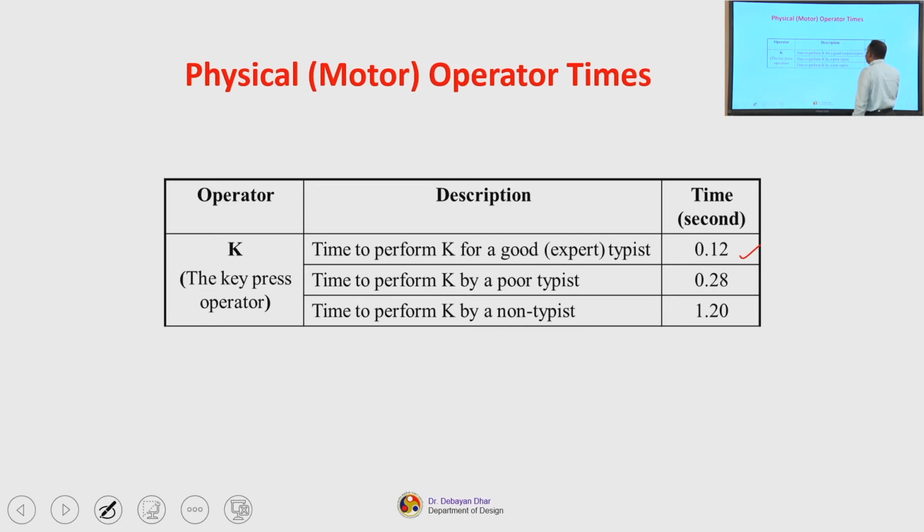Time to perform K by a poor typist is 0.28 seconds and by a non-typist is 1.20 seconds. These are all empirically validated data, which are average human user behavior, and these are your user types. So, non-typist is a user type, poor typist is a user type, and good typist is a user type. These are all different user types.